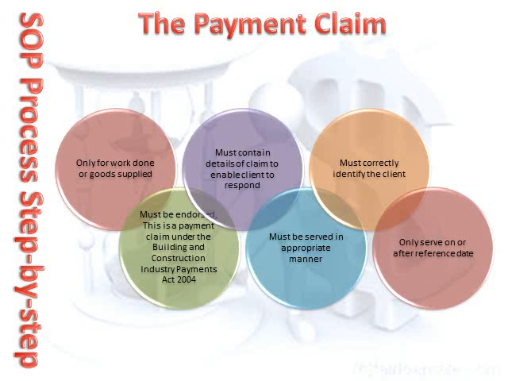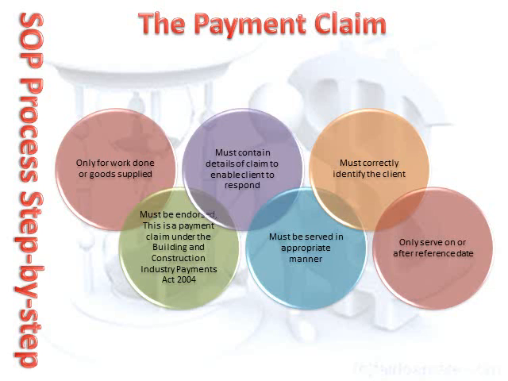Essentially, a payment claim is nothing more than an invoice. It can only be for work done or goods and services supplied. It has to be endorsed with the words stating it is a claim made pursuant to the Act, and it needs to correctly identify the client, their address, and have sufficient detail so that the client can understand what the payment claim is for.